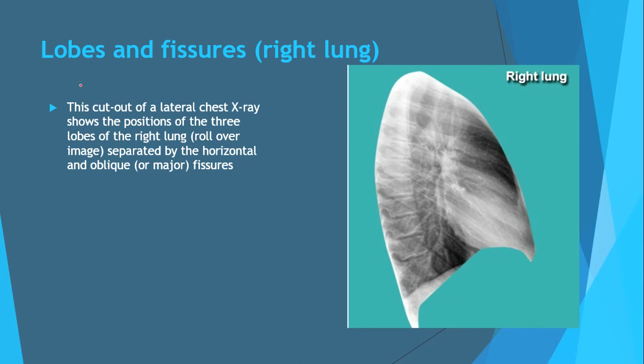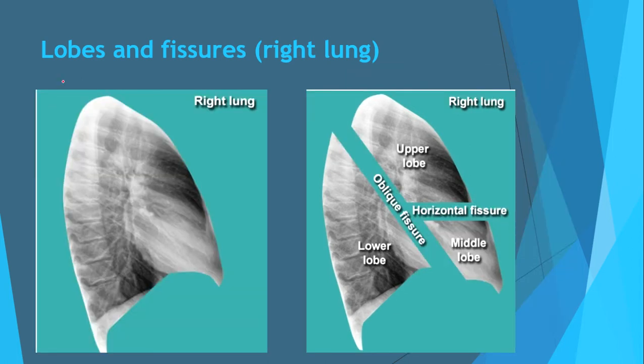So we go next. Lobes and fissures, right lung. This cutout of a lateral chest X-ray shows the position of the three lobes of the right lung, separated by the horizontal and oblique or major fissures. So we have the upper lobe, divided by the horizontal fissure, the middle lobe, and the lower lobe.